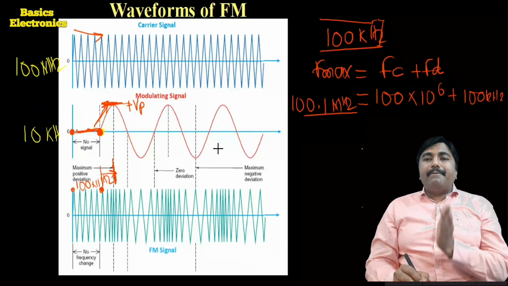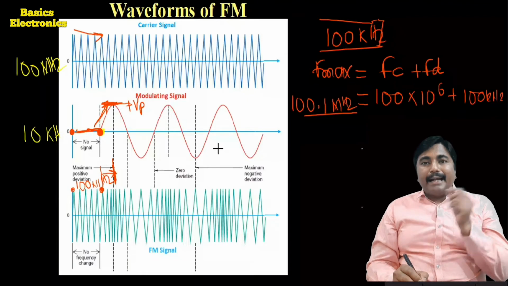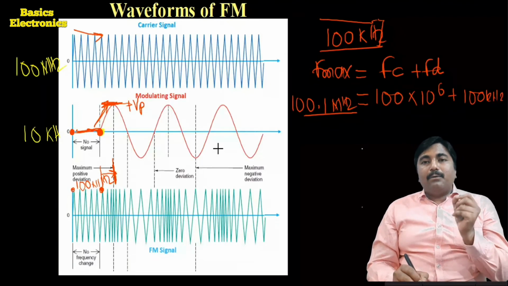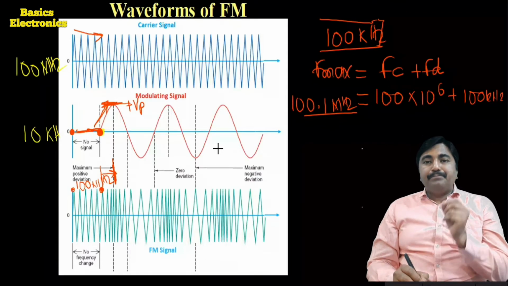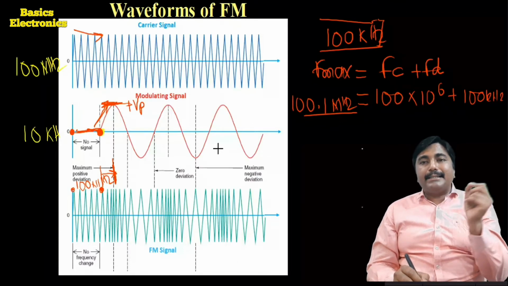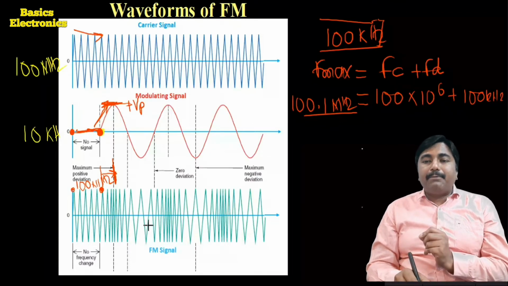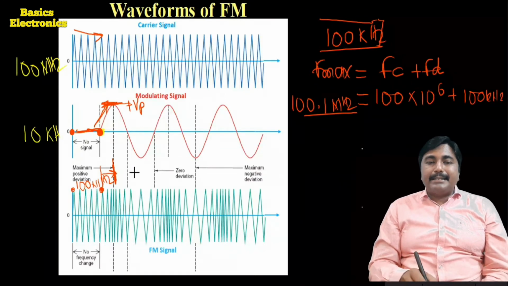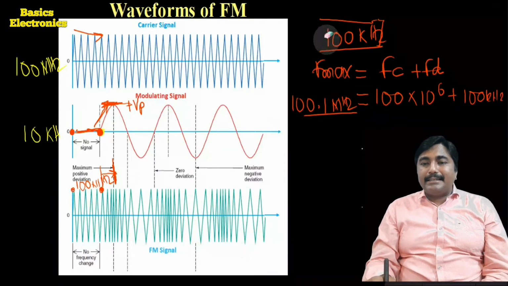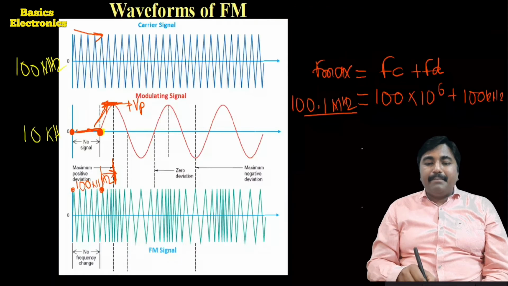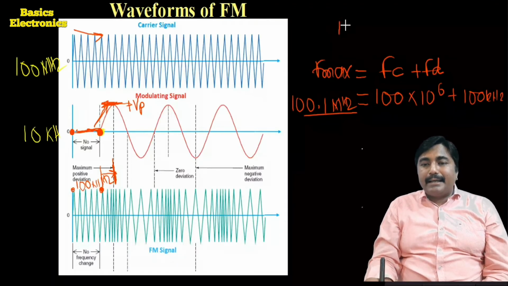It means at the start of the modulation, the modulating signal voltage is equal to 0. Therefore the frequency remains the same, equal to 100 megahertz.